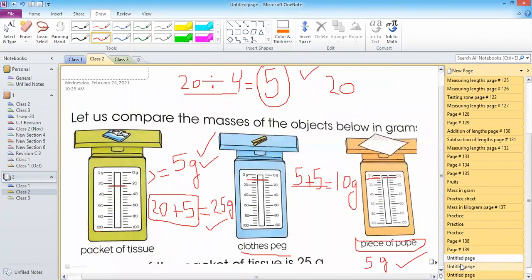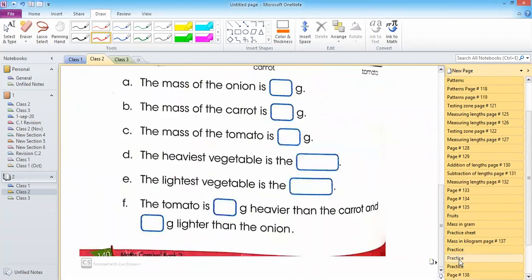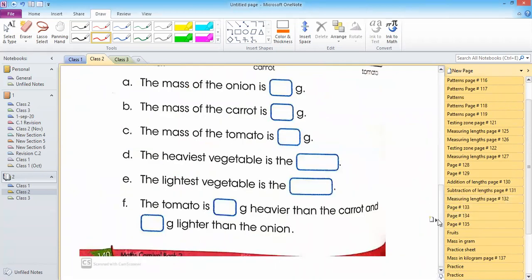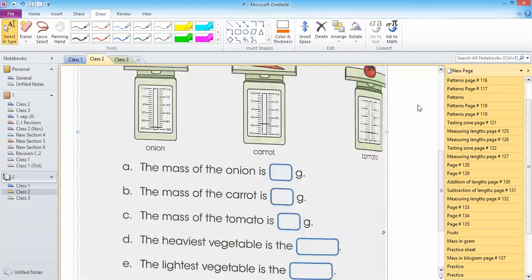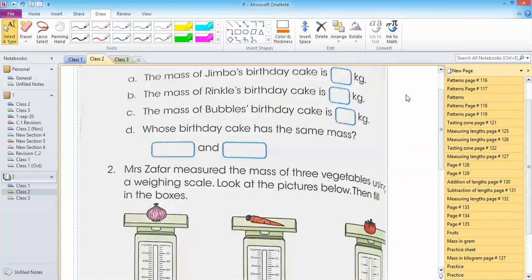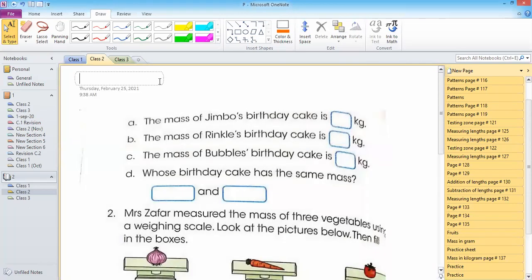Now come to page number 140, guys. Open page number 140.